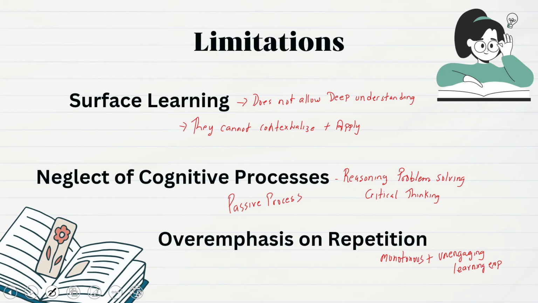It may also fail to account for the importance of motivation, creativity, and individual differences in learning. That means all the students may not have the same level of intelligence, or some may be slow to learn, some may be quick to learn. For some, associating facts, associating ideas may be easier. For others, there may be different techniques. So this method does not take all those things into consideration.